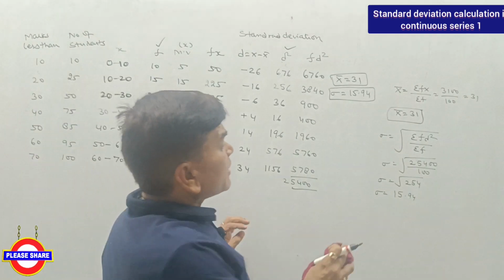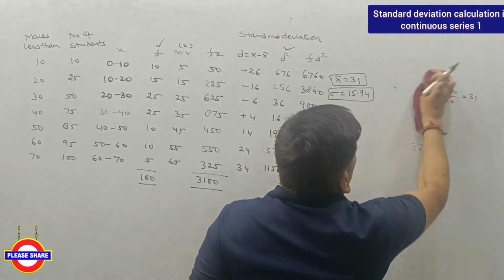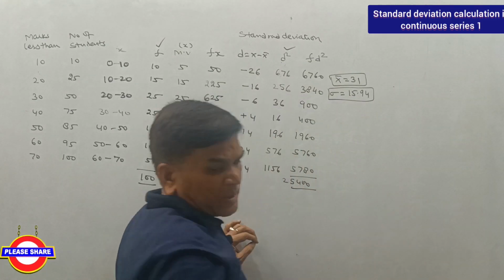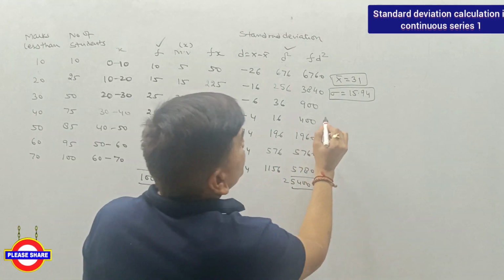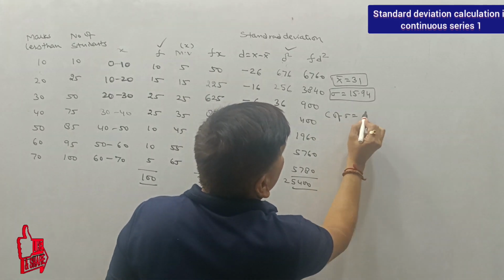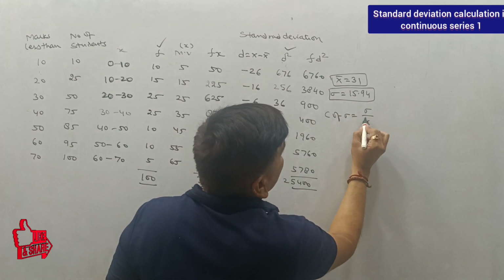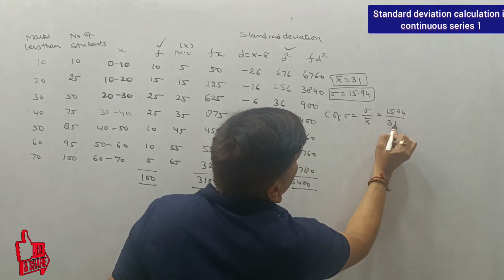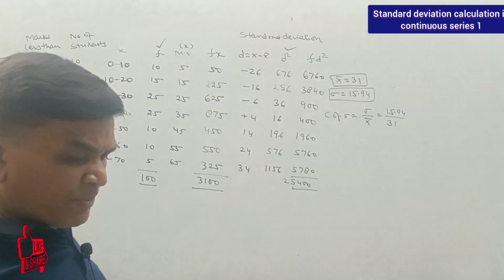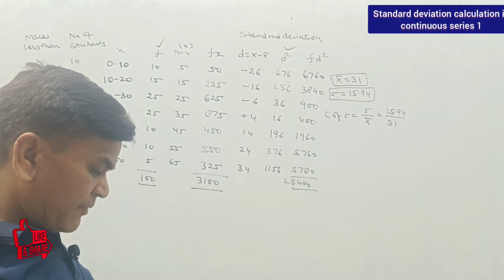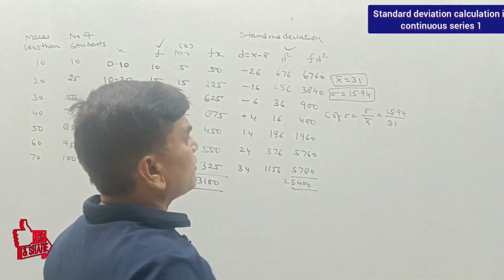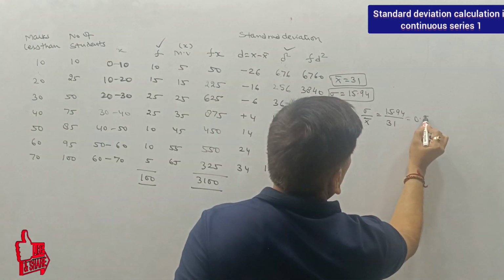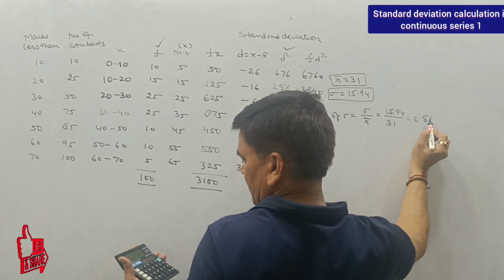Remaining, we may also calculate the coefficient of standard deviation, that is standard deviation divided by x bar, that is 15.94 divided by 31, that is 0.5141.